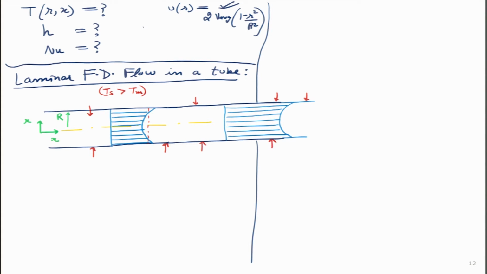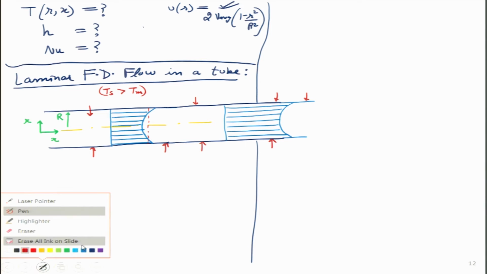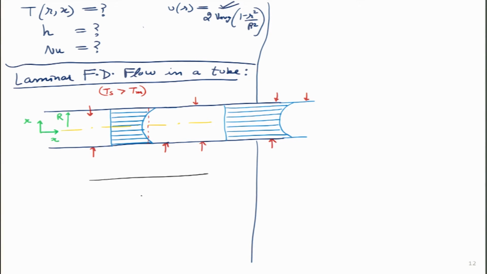So, what I want to do over here is create a differential element and perform an energy balance on that. So, let me draw the pipe once again and let me draw a differential element. So, the differential element I want to take having the length dx.